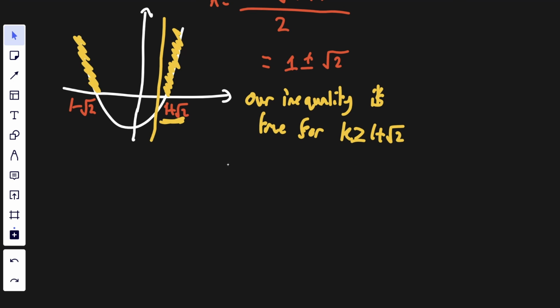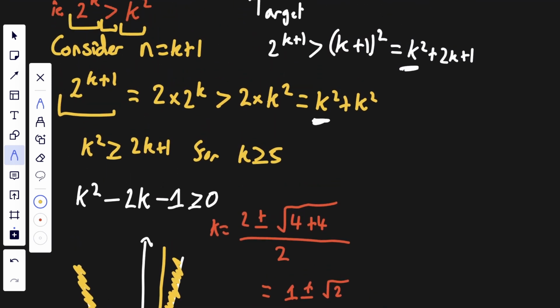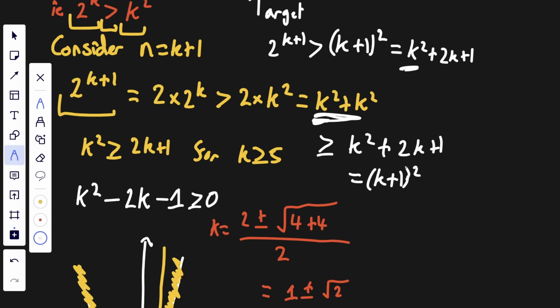And here comes the crux: k is bigger than or equal to 5, which is bigger than 1 plus root 2. So true. It's true for all the numbers that we care about. So we can make our final conclusion that this here is bigger than this, which is equal to k plus 1 squared. So we're done.